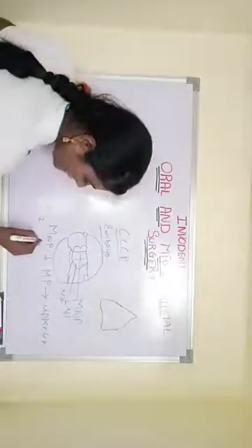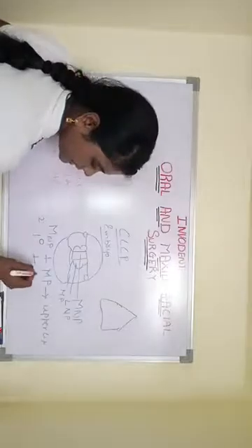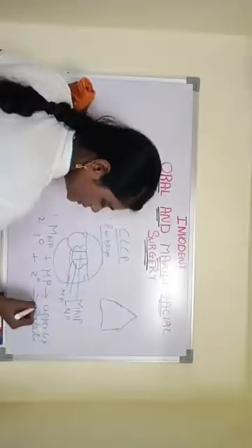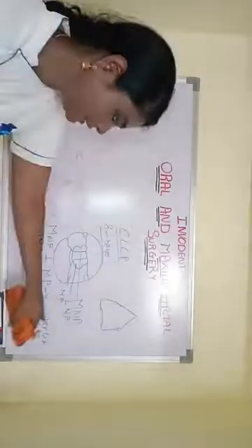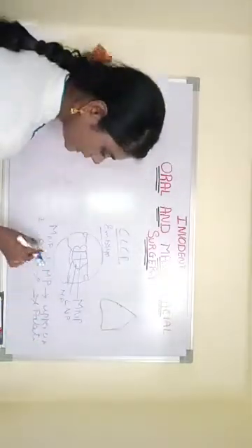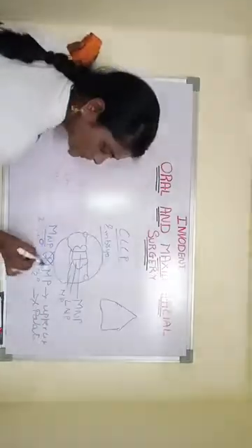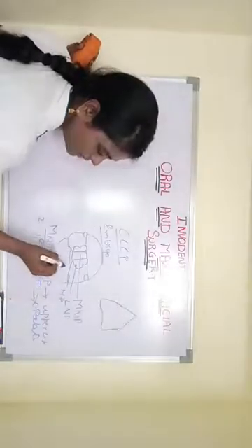The primary palate and secondary palate are fused to form your complete palate. So, if cleft lip has to occur, there should be some malunion between the medial nasal prominence and the maxillary process. This is your upper lip.